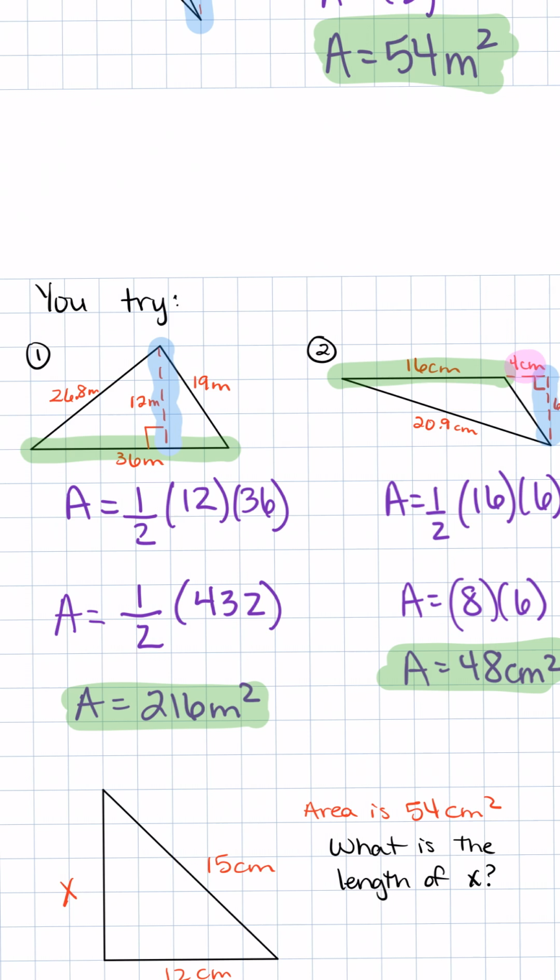And then I did do something different because I was showing you that you needed to multiply these two numbers together. Well, really, you're multiplying all three of these, so you can do it in whatever order you want. So I did 1/2 times 16 equals 8, and then 8 times 6 equals 48, which is exactly the same as if I were to have multiplied 16 times 6 and then divided by 2. So multiple ways to do things.